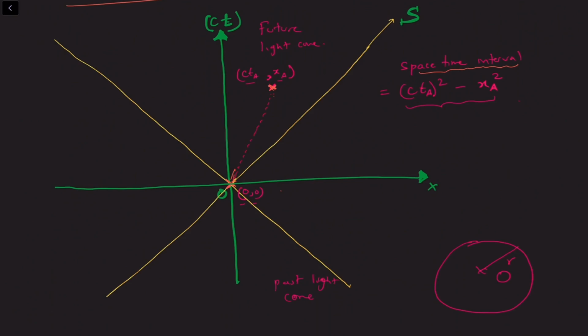So if we take this point, cta, xa, and we take its distance measure from O, we can now ask what other spacetime points have exactly the same spacetime interval between them and O. Okay, and so what we're asking is, if we take another point at a time t and at location x, what we're asking is, what is the set of all points that have ct square minus x square equals constant?